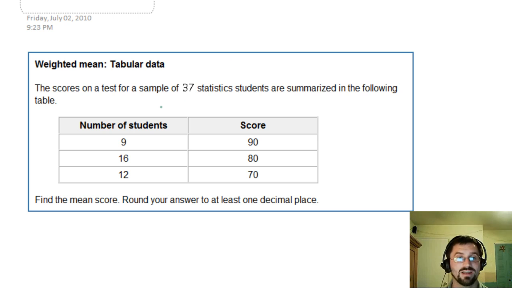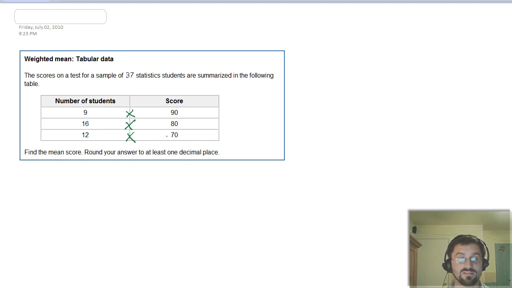Okay, let's do the easy example they give you in Alex. They ask to find the average score given 37 students who took a stats test, and here's a summary of their grades. So I guess the grades worked on a 100-point scale, and 9 students got a 90, 16 got an 80, and 12 got a 70.